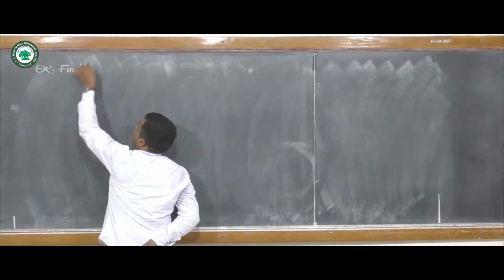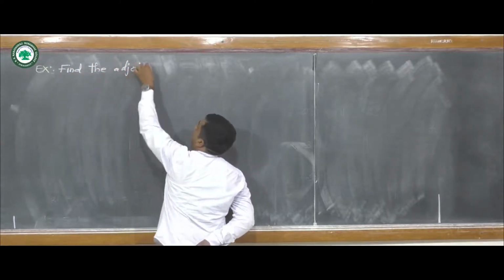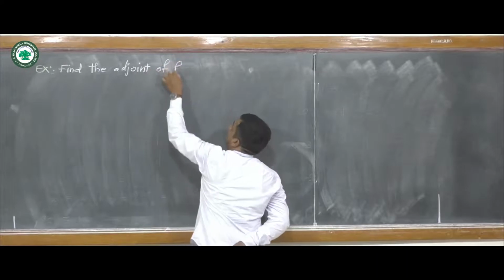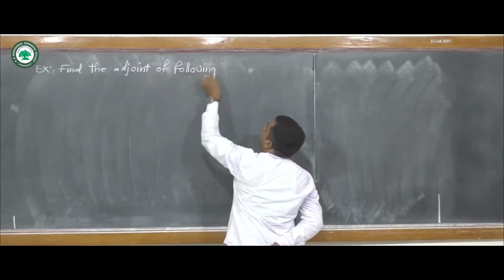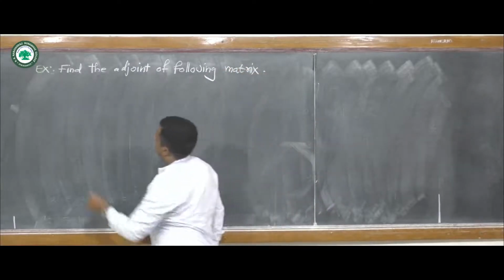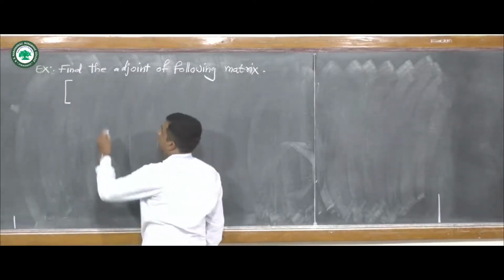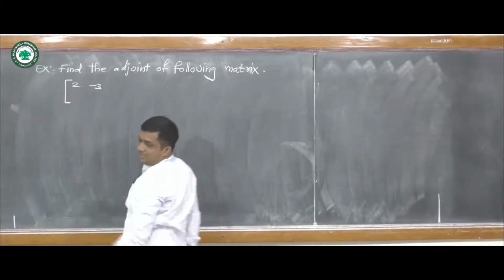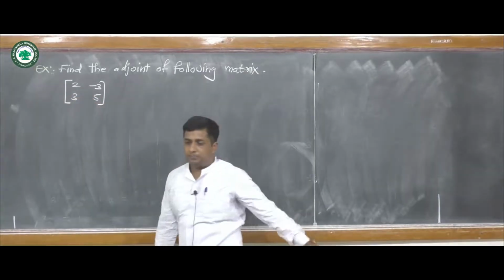Find the adjoint of the following matrix. Okay, here the given matrix has elements 2, -3, 3, 5.